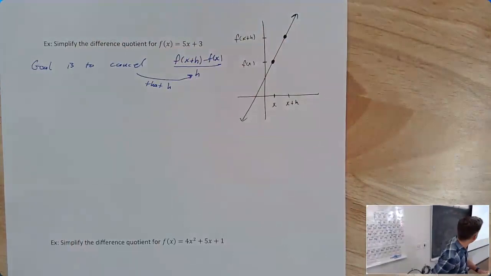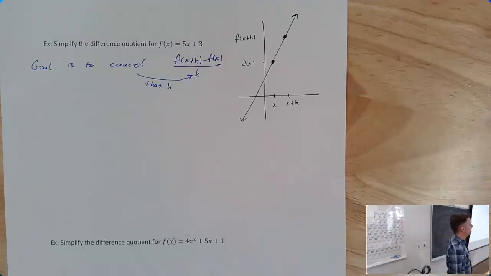We want that guy to go away. That is always the goal. Why is that the goal? Because later on in calculus, you're going to let that h be 0, and we can't divide by 0. So we want it to go away before we try to make everything else 0. That's what we want. But now it's just an algebra problem.